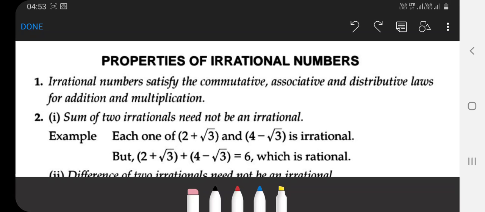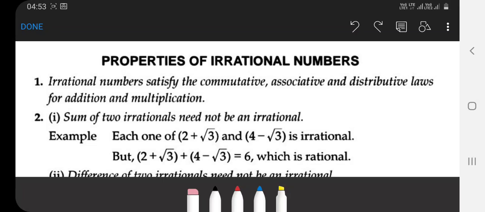Properties of irrational numbers. Irrational numbers satisfy the commutative, associative, and distributive laws for addition and multiplication.